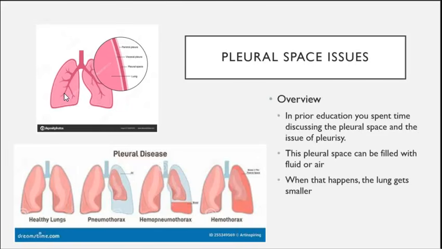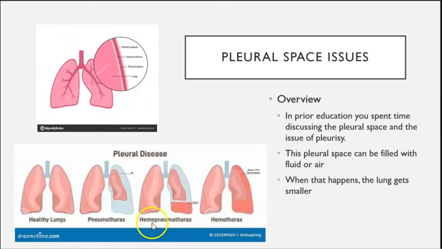The problem is if your patient gets some kind of cancer, a stab wound to the chest, or has a history of any type of air accumulation in the pleural space, that pleural space can be damaged and it can collapse the lung. So we see here the pleural space is filling up with air. That is going to create a pressure to collapse the lung. Now that patient's not going to be able to breathe through that side, which is a bad thing.